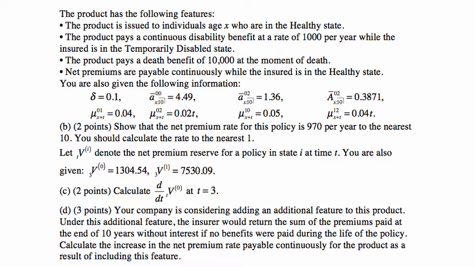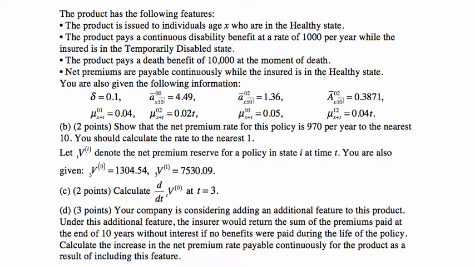That's V with a subscript t in front of it, a standard notation for reserve at time t, and the superscript i denotes being in state i at time t. We are given that the reserve at time 3 for a healthy person is 1304.54, and for a disabled person at time 3 is 7530.09.